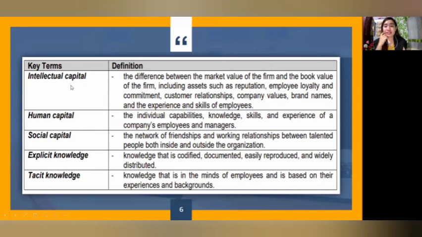It includes assets such as reputation, employee loyalty, and commitment, and so on and so forth. Human capital, on the other hand, is the individual capabilities, knowledge, skills, and expertise of the company's employees and managers. Social capital is the network of friendship and working relationships between talented people, both inside and outside the organization. Later on, we'll discuss that.